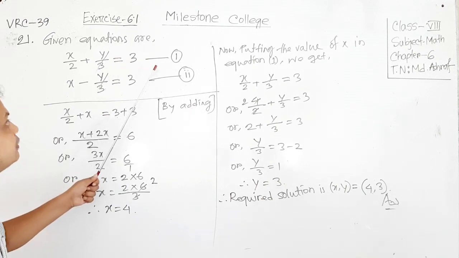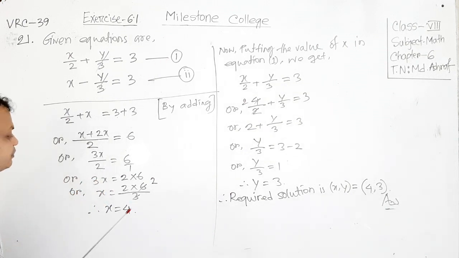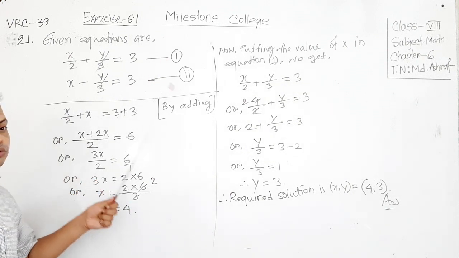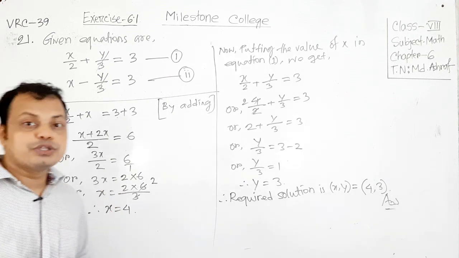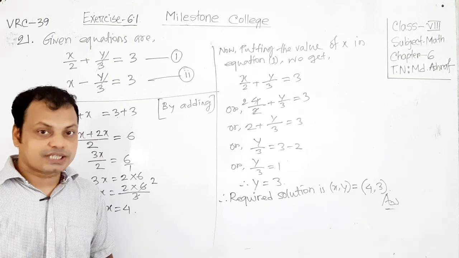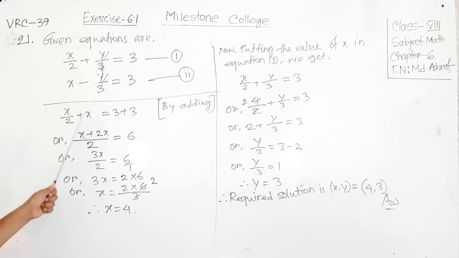We can put the value in equation 1, we can put the value of x equals to 4 in equation 2 also. So we'll choose whichever is easier for us. I think it's easier if we put it in equation 1.